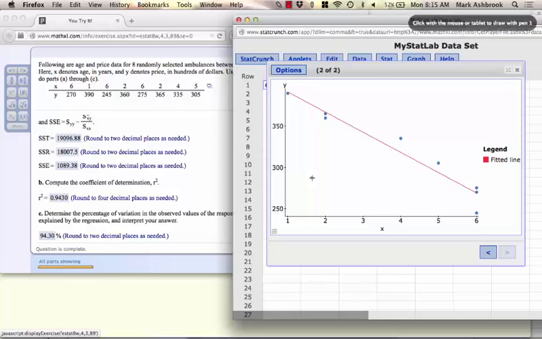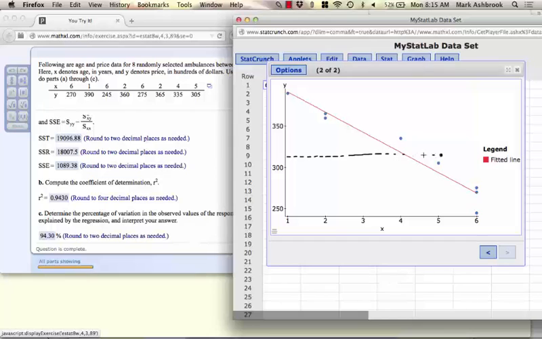If the mean was something like maybe 310, I'm just guessing, if that's the mean price, $310, certainly we would want to use age to predict price, not just the $310. And we're seeing that trend is very strong downward. As ambulances get older, the price goes down.